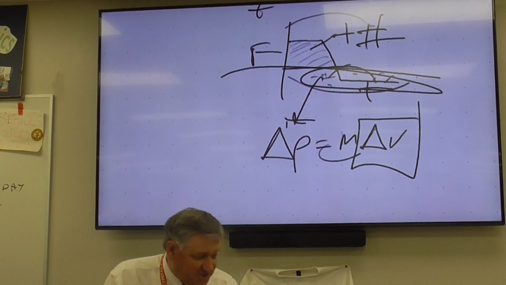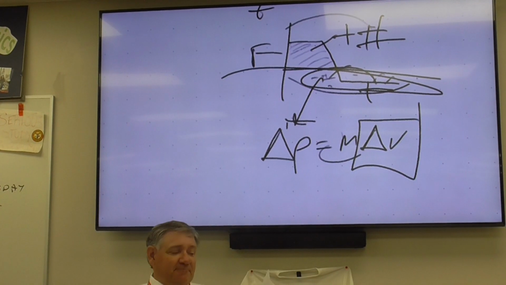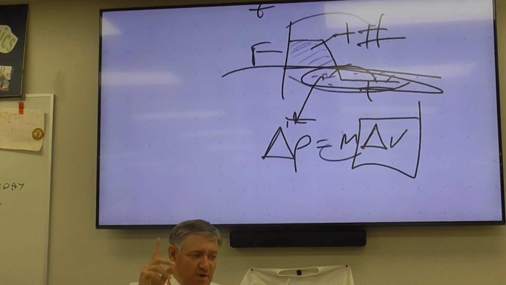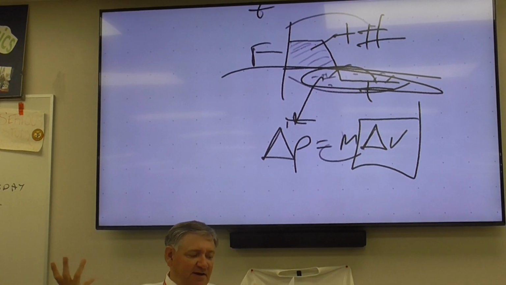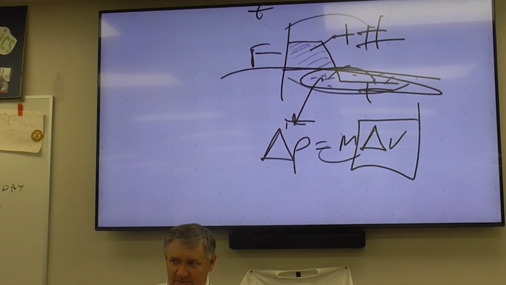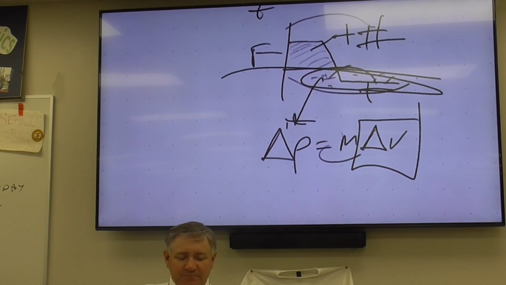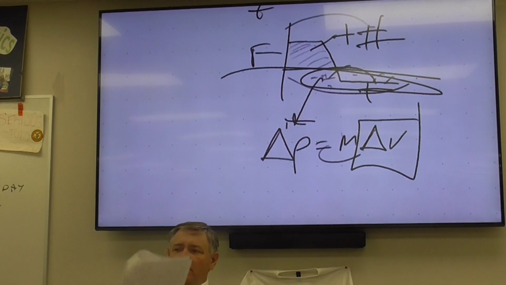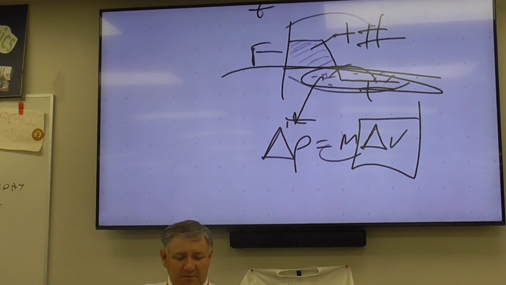If push comes to shove and you're short on time, on number 15, this is where you have a sphere with a piece of clay landing on it, and you're asked to find the new angular velocity. On 14, that's where you have the bouncing ball problem.